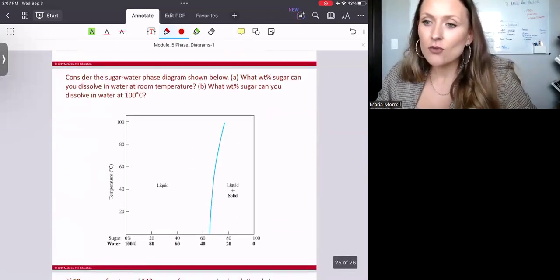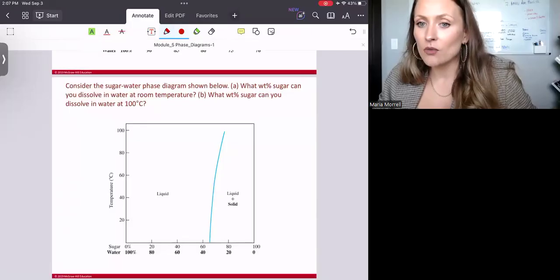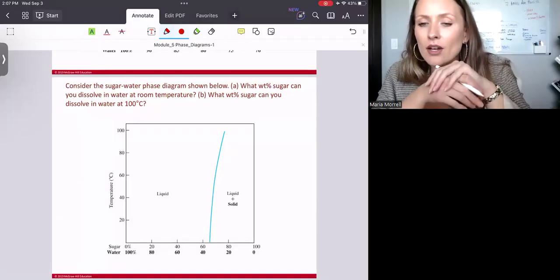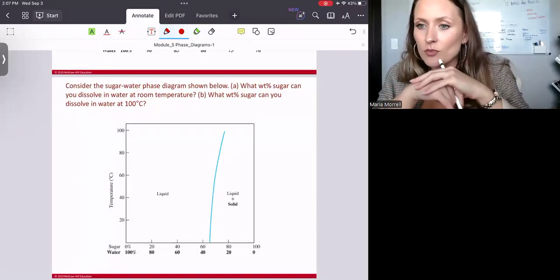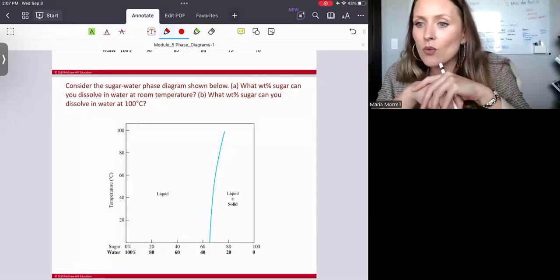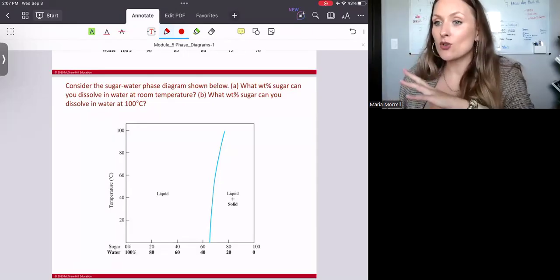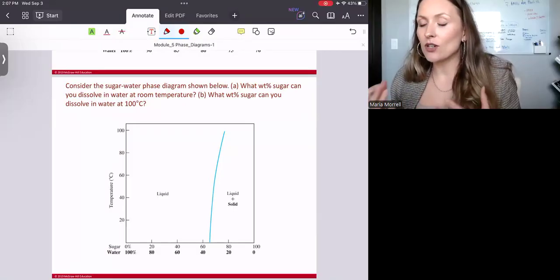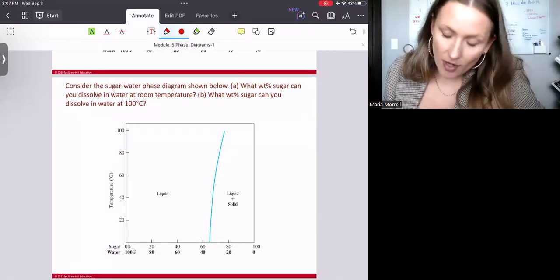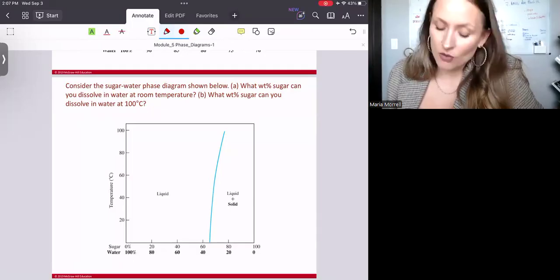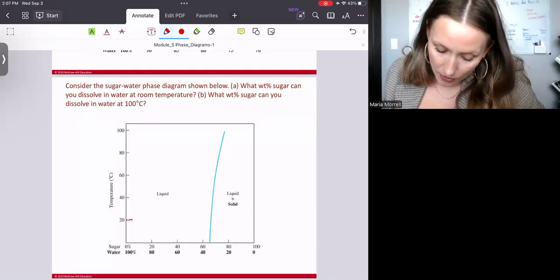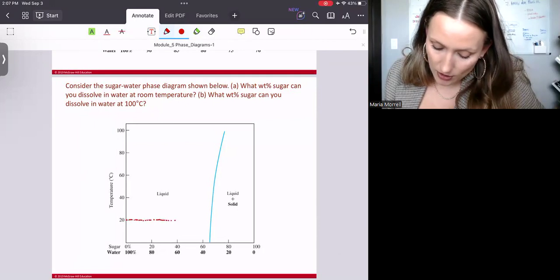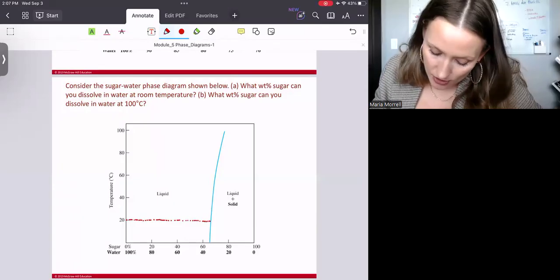Let's do one question with the sugary water. We have a sugar water phase diagram shown below. The question is, what weight percent sugar can you dissolve in water at room temperature? How much sugar can you actually dissolve before you see crystals falling out, meaning you've reached the saturation temperature. I'm going to assume room temperature is 20 degrees C, and I'm going to go all the way up to here, and stop right before I reach this line.